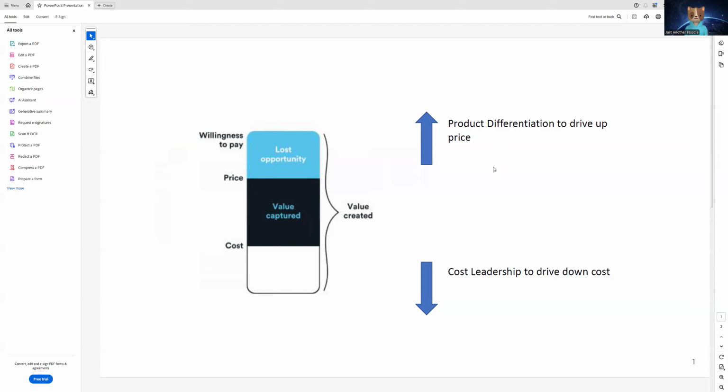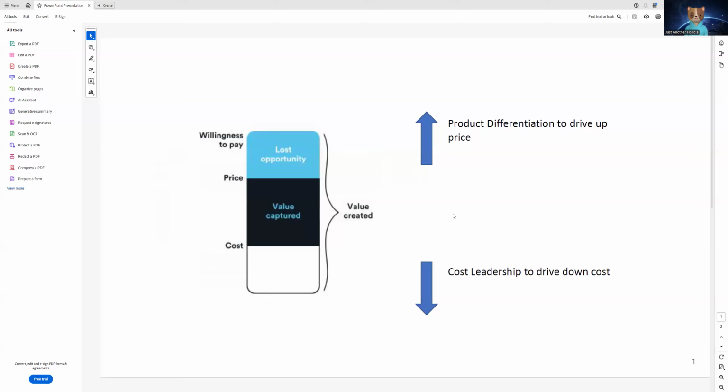The definition is any value generated throughout the product or service, whether it's to the suppliers, how much you sell to the customers and their willingness to pay, and how many lost opportunities there are. That's value created. So it's three parts: the lost opportunity, the value you have captured, and the cost of buying the raw materials or the labor you buy to produce the service or the product.